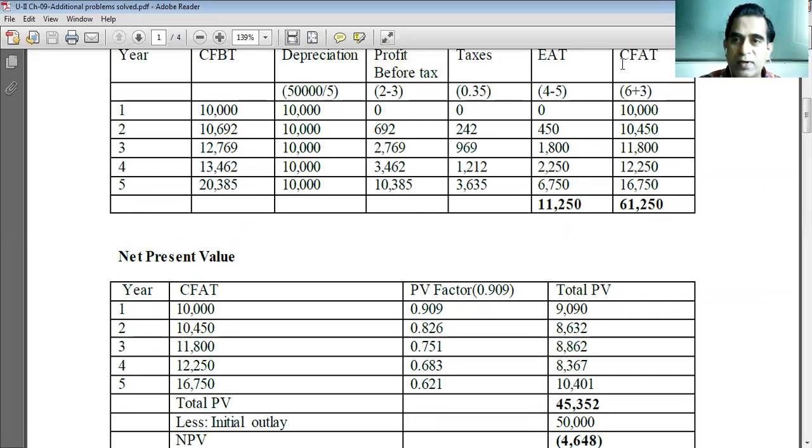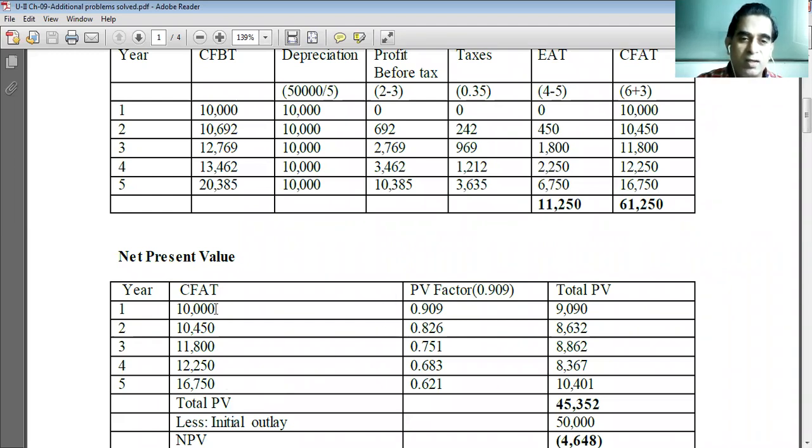So you simply write year 1, 10,000. Year 2, 10,450. Year 3, 11,800. Year 4, 12,250, and year 5, 16,750.